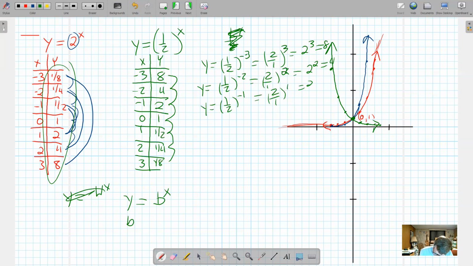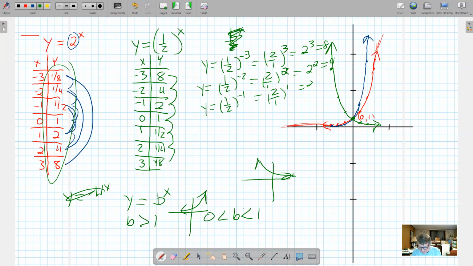If b is greater than 1, we have a graph that is increasing. If b is less than 1, it decreases. Except there's more to it than that. It has to also be greater than 0. So b has to be greater than 0 and less than 1.